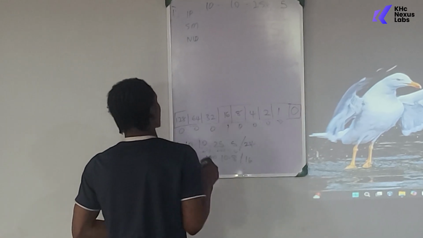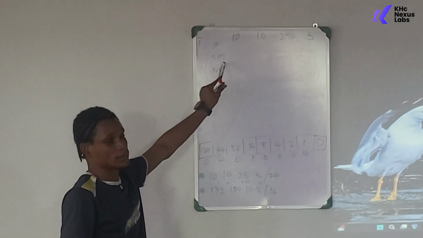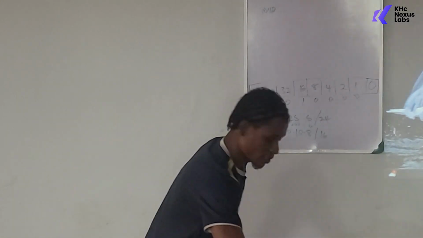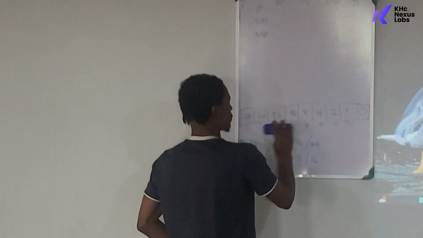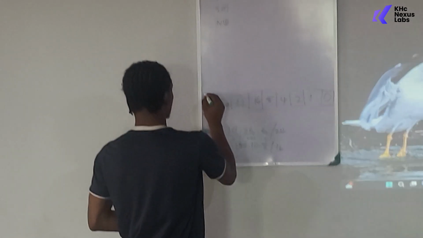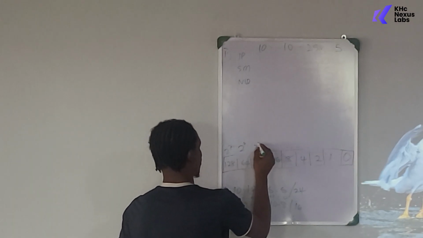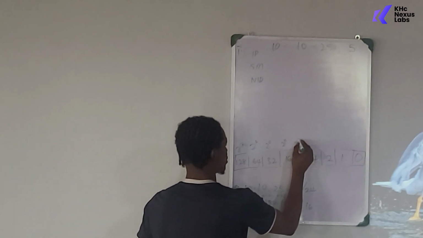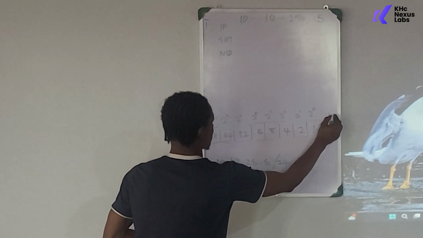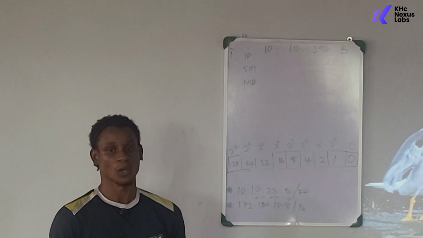I want us to get their bits value, their binary, using this quick format. What do we get? Remember, this is 2 raised to power 7. This is our 8 bits. 2 raised to power 6, 2 raised to power 5, 2 raised to power 4, 2 raised to power 3, 2 raised to power 2, 2 raised to power 1, 2 raised to power 0. Right? That's how we got this. It's a much faster way to solve for binary.